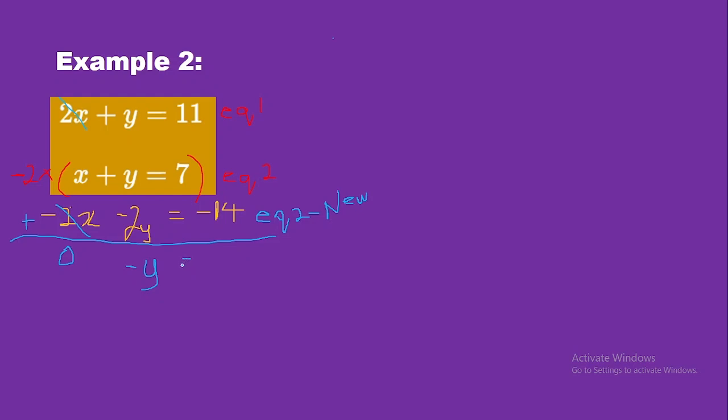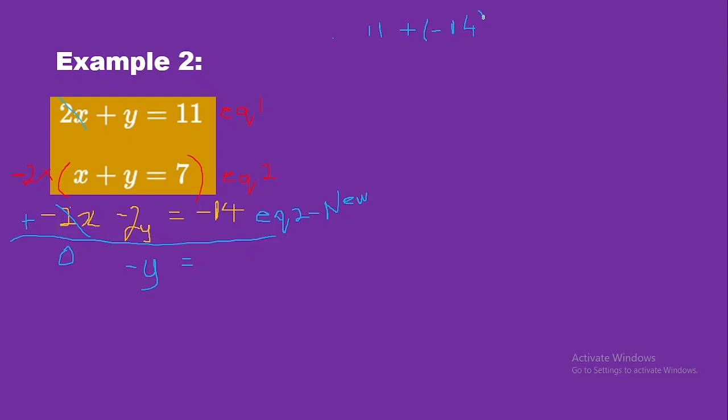Equal to 11 plus negative 14. And the thing about it, remember, anytime when we add a negative number, so a positive number plus a negative number, you're basically just subtracting.